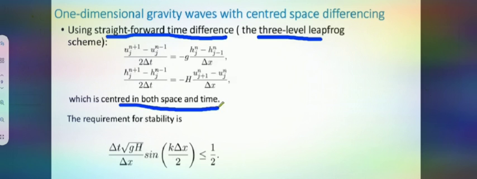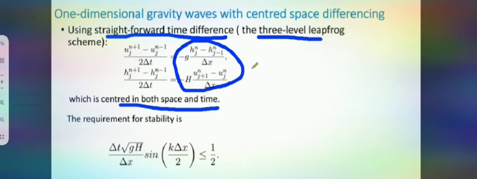And similarly, you should write the discretization form of time difference for cell center, because this side is staggered grid. Similarly, you have the expression for cell center. So that's cell center here.